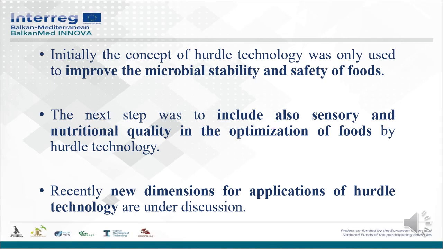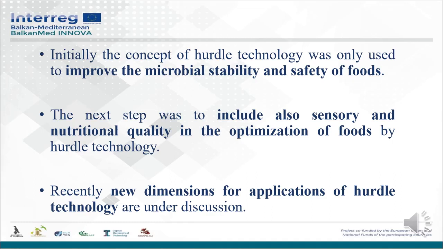Initially, the concept of hurdle technology was only used to improve the microbial stability and safety of foods. The next step was to include also sensory and nutritional quality in the optimization of foods by hurdle technology.